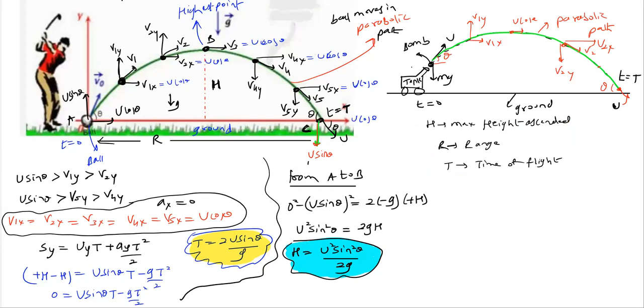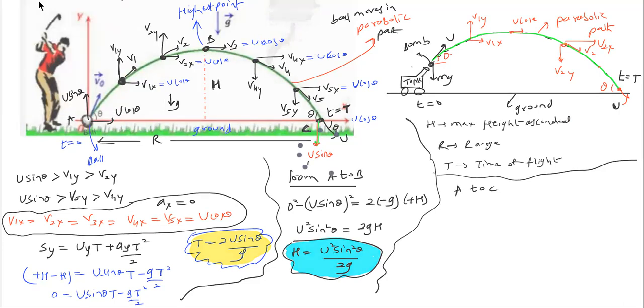For the range, what we do is, again from A to C. Because I need the diagram and all the things, the screen will be of this much size only, so there's no other choice. I'm dumping everything on one screen only.